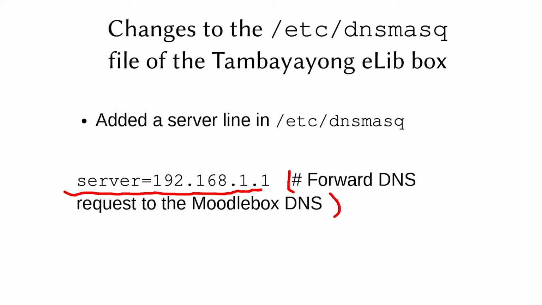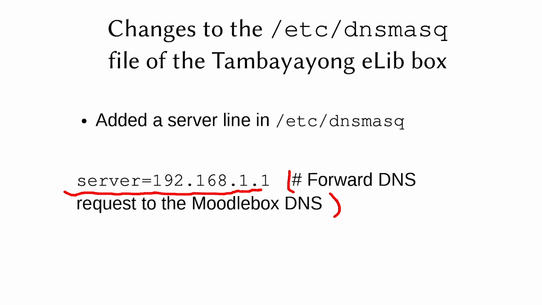So when a student queries for, let's say, Moodlebox.home, what the Tambayayong box would do if they are connected to Tambayayong box is that it will ask the Moodlebox for the IP address. How do you resolve Moodlebox.home? And Moodlebox would give the IP address 192.168.1.1, or would resolve it and then tell Tambayayong that yes, that's me, that's Moodlebox.